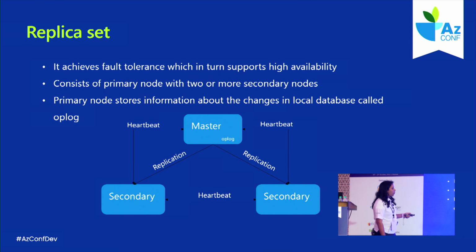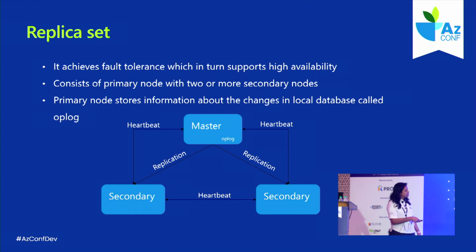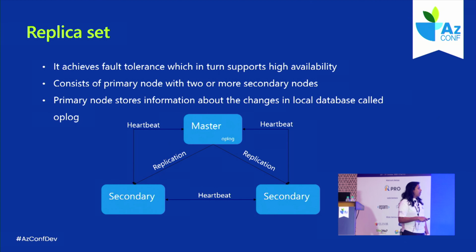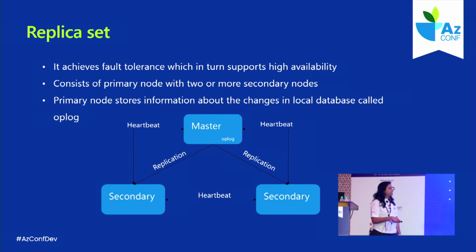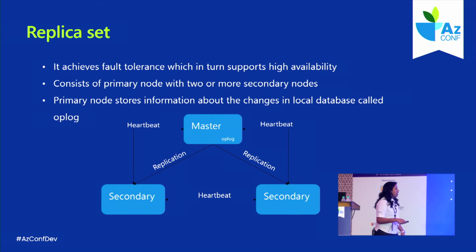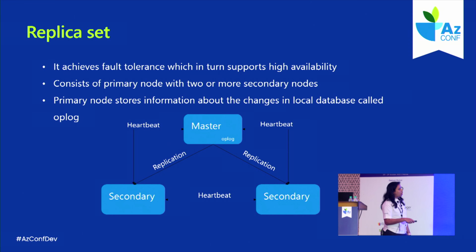Okay, so will this master node always be the master node? No. Each node sends heartbeat messages to the others, saying, okay, I am listening to you. When the master node is not receiving heartbeats from more than half of the secondary nodes, it will no longer be the master node.